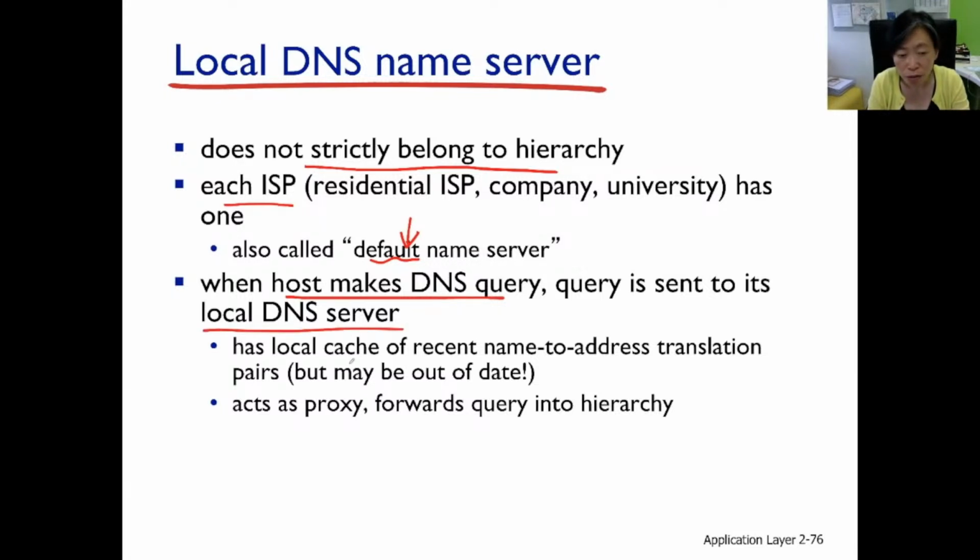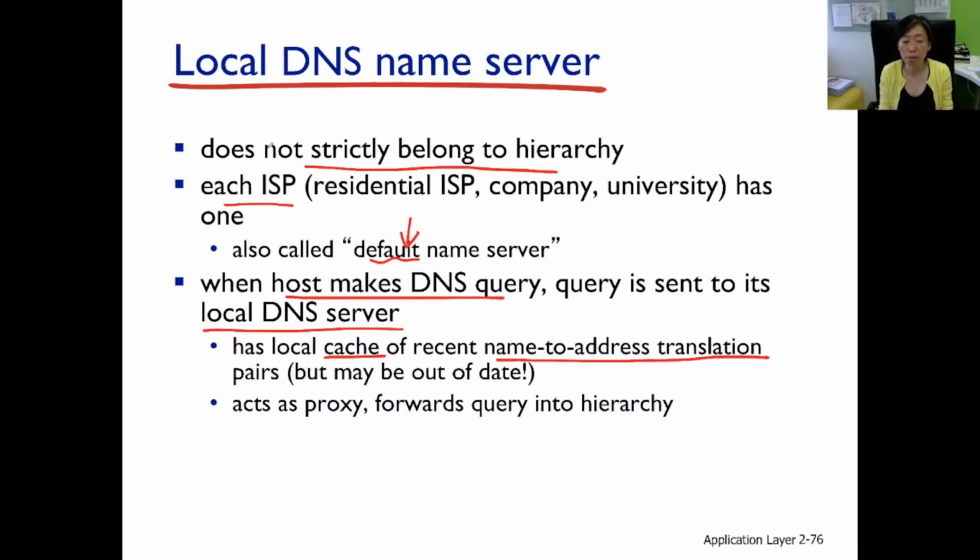These DNS servers often carry caches of recent translations. So whenever we get a host to IP address mapping, the local DNS server of course forwards the answer back to the client. But in the meantime, the local DNS server also keeps a copy of that for some time.